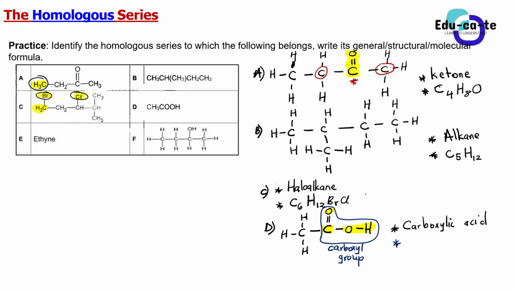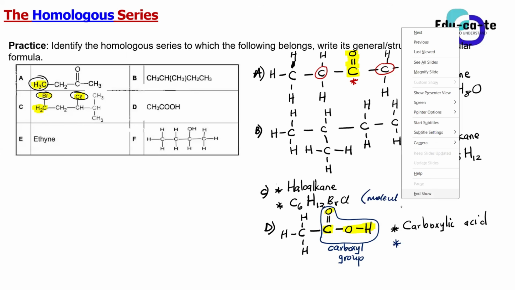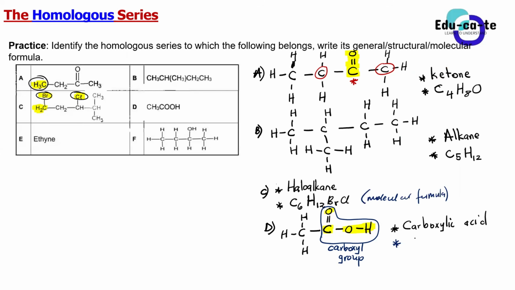What is the molecular formula? 2 carbons. Okay, just call it the way you would write it in the book. C2. And H4.